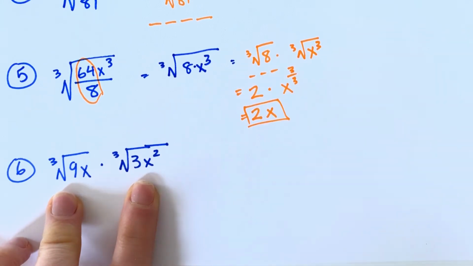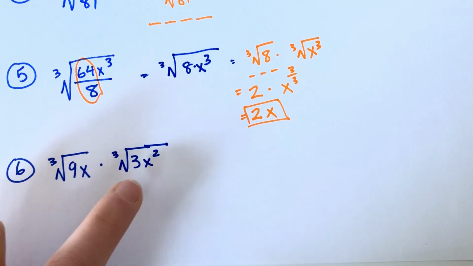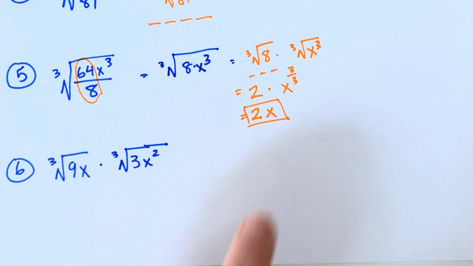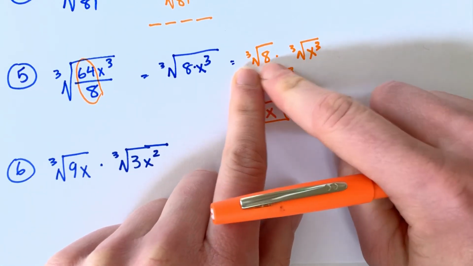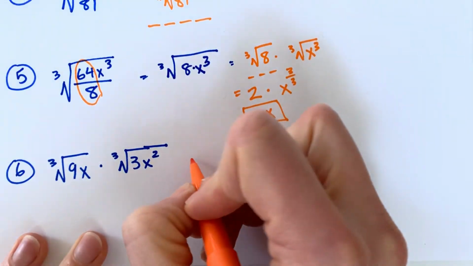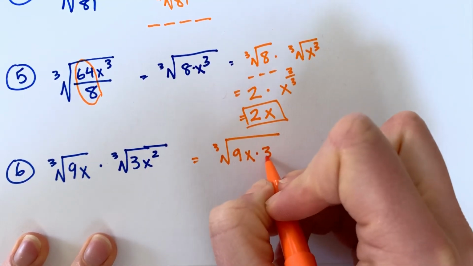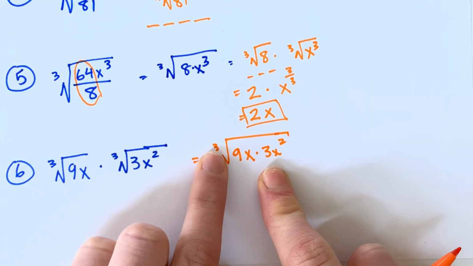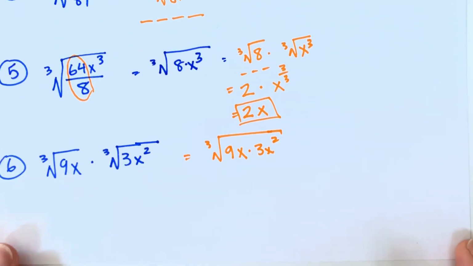Now to help us out, I kind of notice here that there's no third root of 9, there's no third root of 3. So I'm going to see if I multiply them together, that will help me out. So I'm doing kind of the reverse rule of multiplication. I'm taking 2 radicals that are multiplied together and I'm making it 1 radical. This is going to be the third root of 9x times 3x squared. So I just took those 2 things and put them under 1 radical because they have the same number on the outside. If these were different numbers, you could not do that.